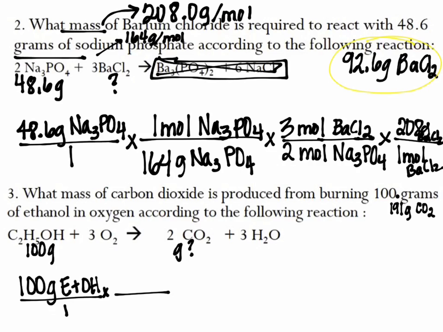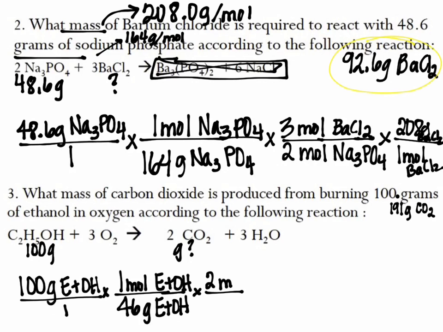Carbon is 12, there's 2 of them. 46 grams of ethanol. So what goes on top? 1 mole of ethanol. So what's our next step? What's the ratio? 2 moles of CO2 on top, and 1 mole of ethanol on bottom.